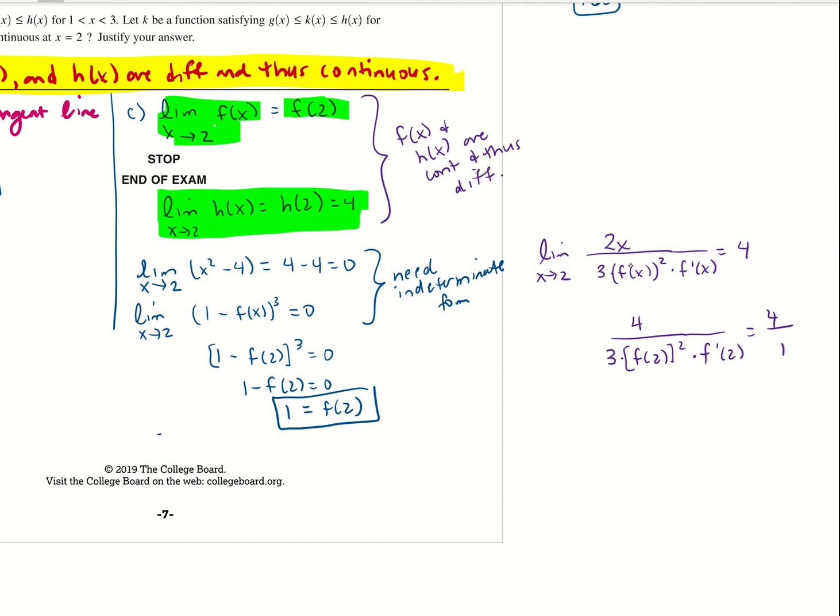So 3 times f of 2 quantity squared, well, we just found that f of 2 is 1, times f prime of 2 would have to equal that denominator of 1. So then f prime of 2 should equal 1/3. I'm just checking. I did that wrong. That's not plus. This is times. There we go. Equal 1/3.